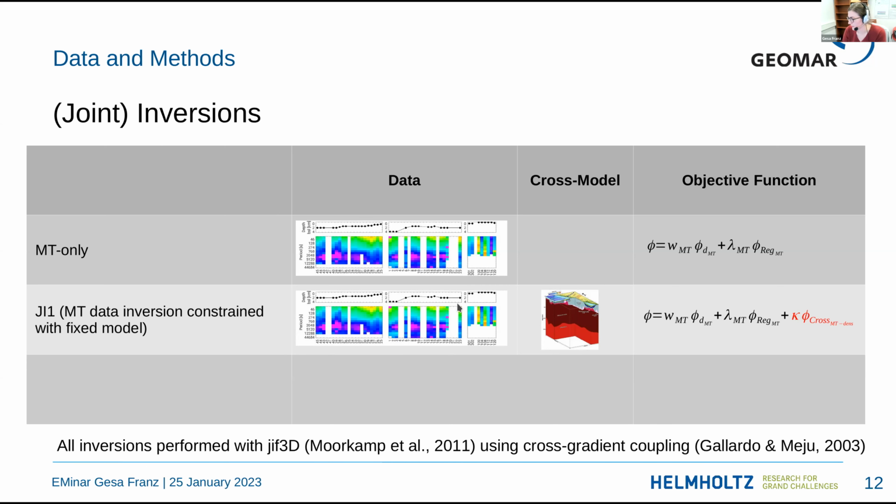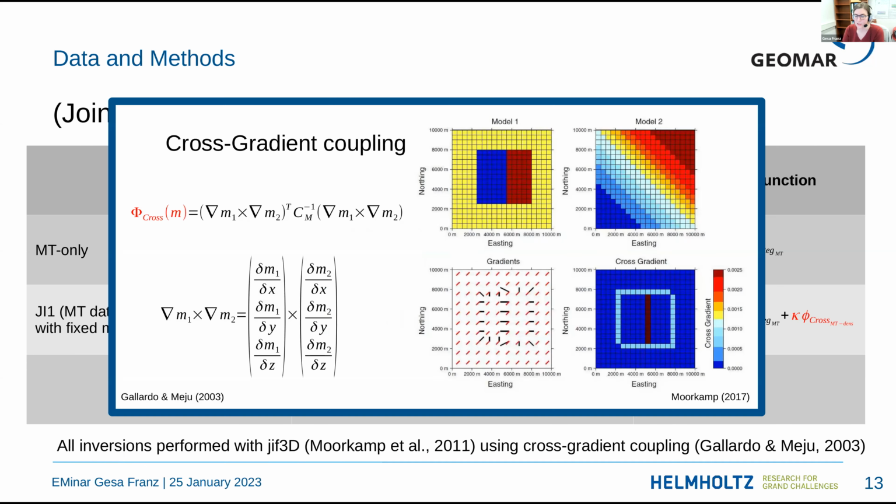And the cross gradients are from an idea from Gallardo and Meju, and they're made up of these cross gradients, which are the cross products of 2 different models' spatial gradients. And I usually always find this image by Max really helpful to visualize the concept. So you take the gradients of 2 structurally different models.